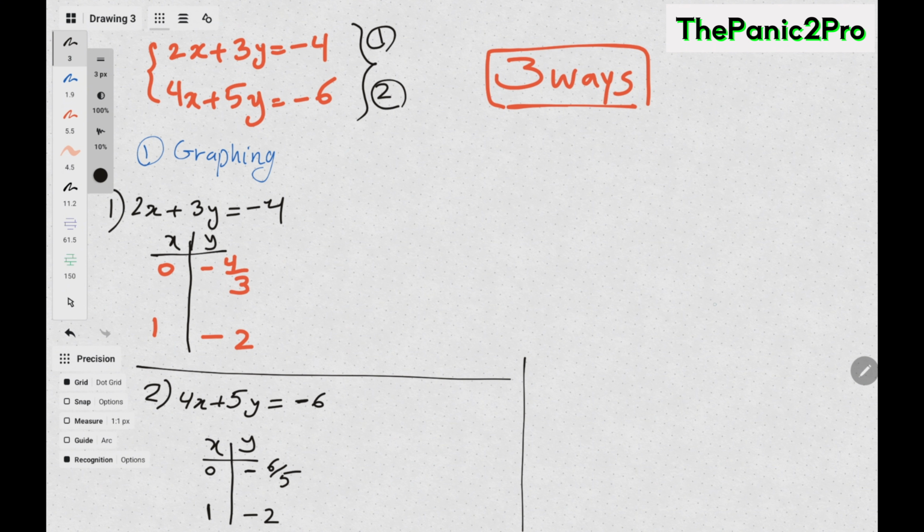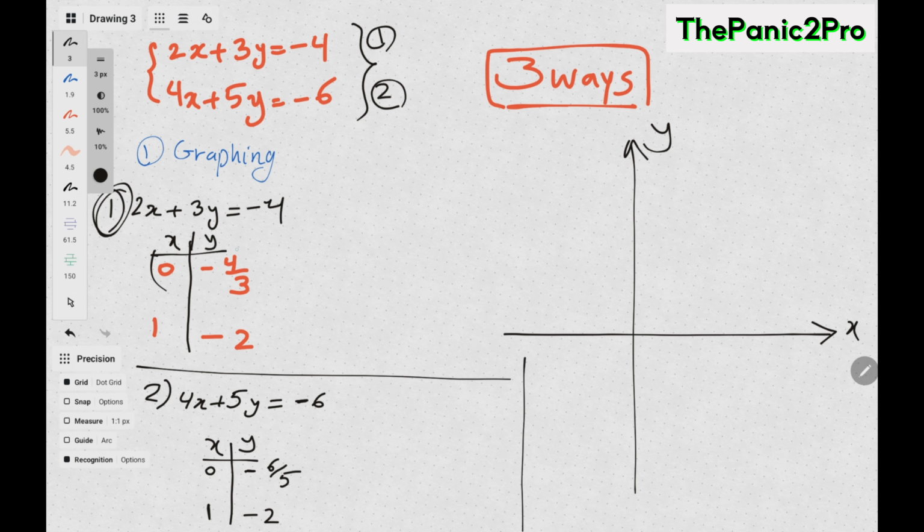How we're going to plot them is, we're going to have x and y. First we're going to plot line 1. And line 1 has two pairs. I'm going to call them pair A and pair B.